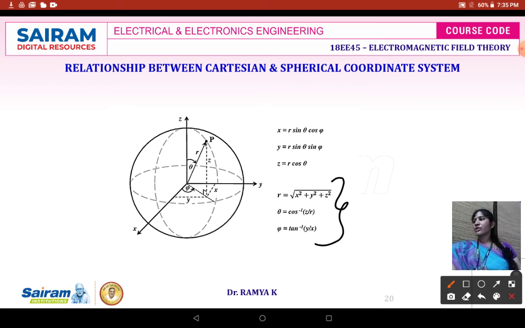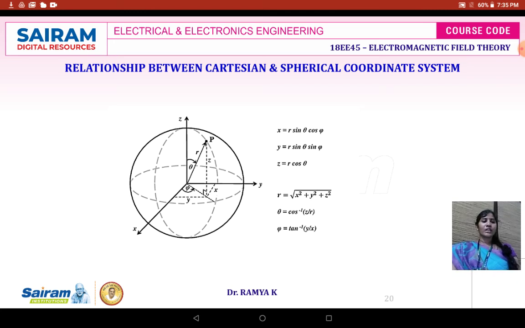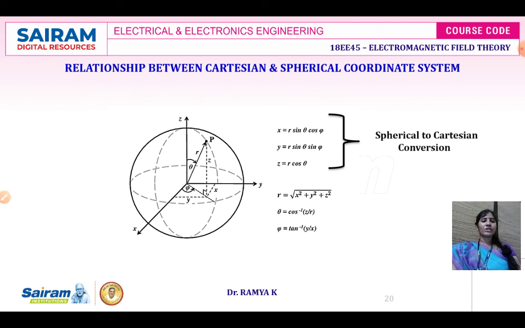And here you have to identify x, y, z if you have the coordinates r, theta and phi. Next, you can represent this in determinant form. This is your spherical to Cartesian conversion, and this formula is used for Cartesian to spherical conversion.